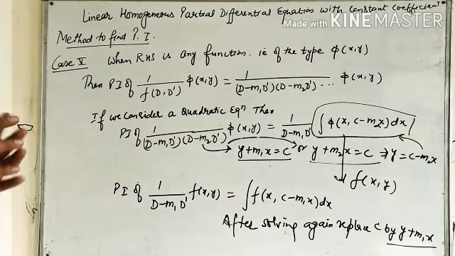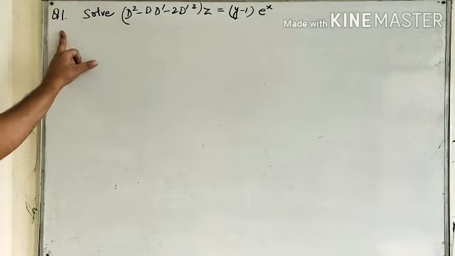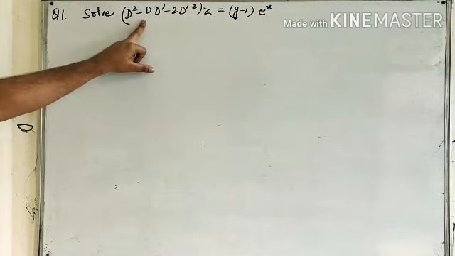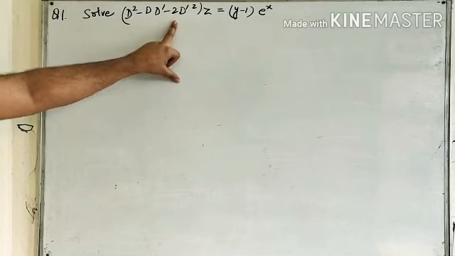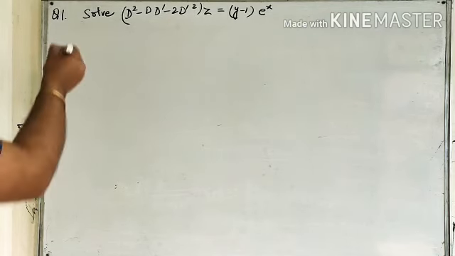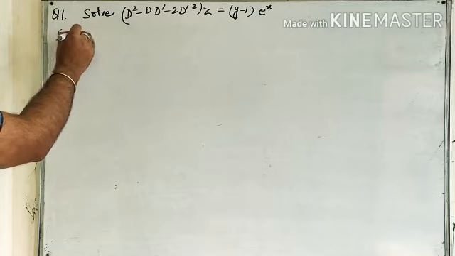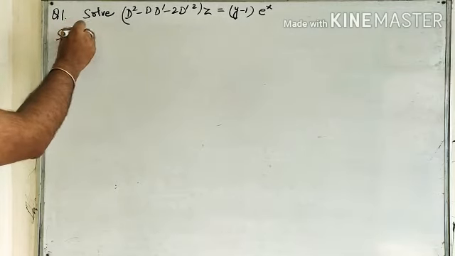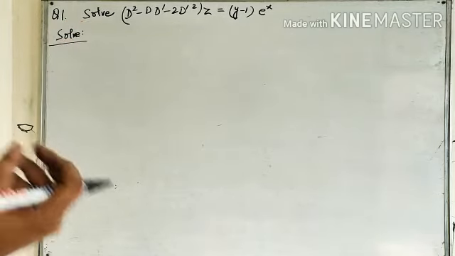For a better understanding of this case, we will take one or two problems based on this method. This is the first problem. Solve D square minus DD' minus 2D' square z equals (y minus 1) e raised to power x. For the solution, we shall first find the CF.